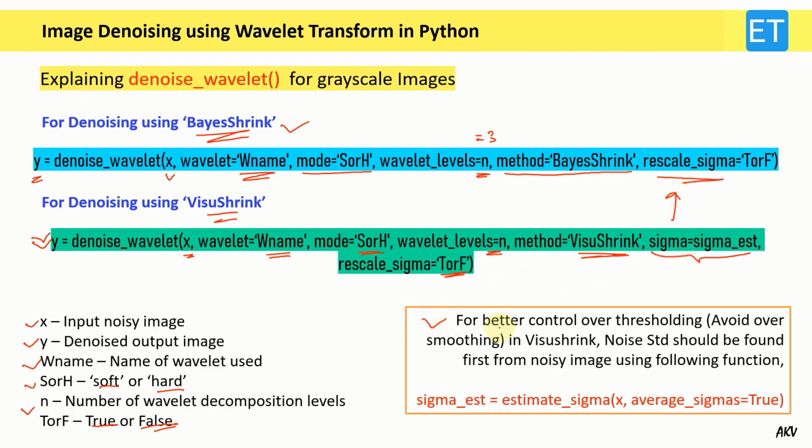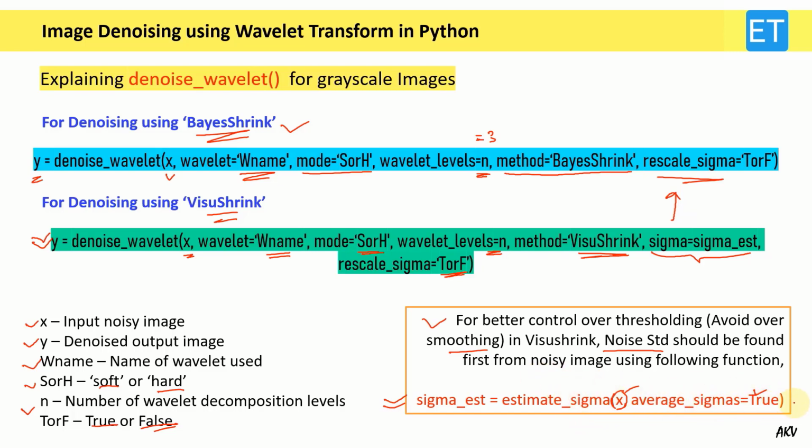Why is it used here? For better control over thresholding, that means to avoid over-smoothing of the image, the standard deviation of the noise should be found first. And you can find the standard deviation of the noise from the noisy signal using this function, the estimate_sigma function. You pass your noisy signal x, and you put average_sigmas equal to true.